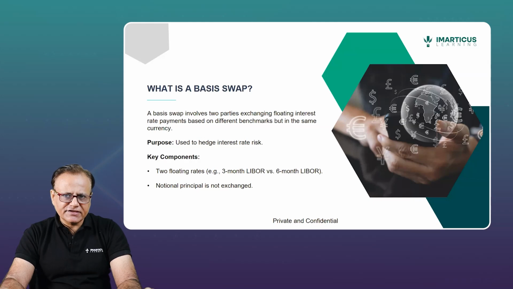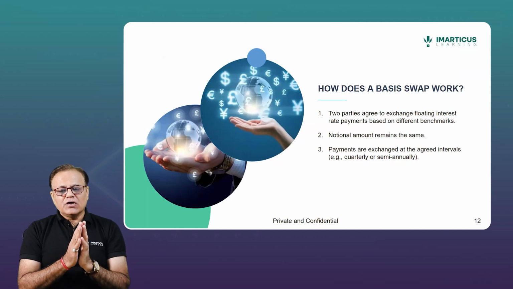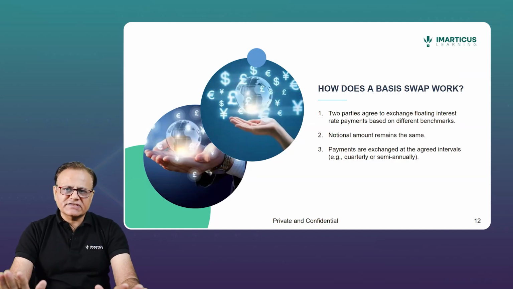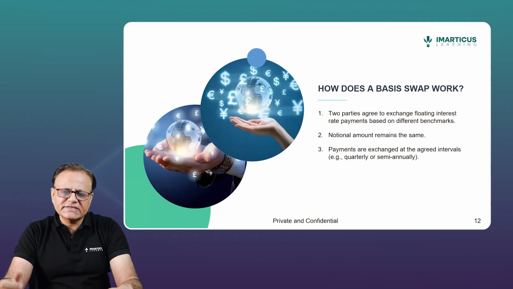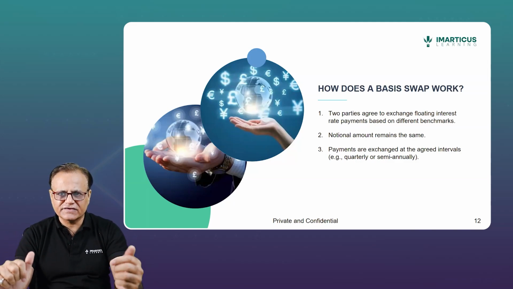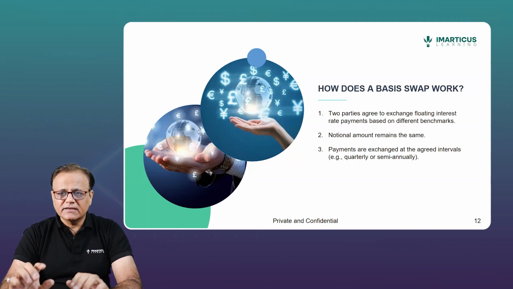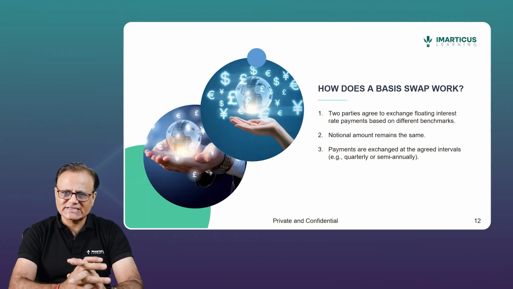No principal is exchanged. The interest rate is swapped, but the interest rates are of two different periods or two different benchmarks. Yeah. So the notional amount is the same. Obviously, it has to be the same, because otherwise, between the 3-month and 6-month rate, there'll be a lot of difference. If one principal amount is 100 million and the other is 150 million, then obviously there'll be a lot of differential and it's not really a swap as such.